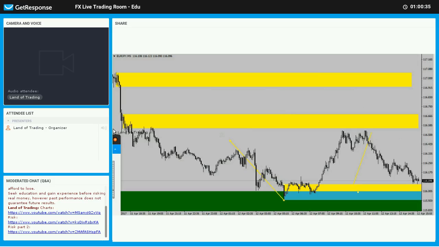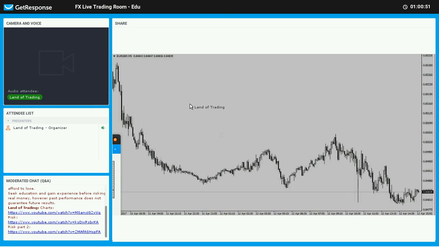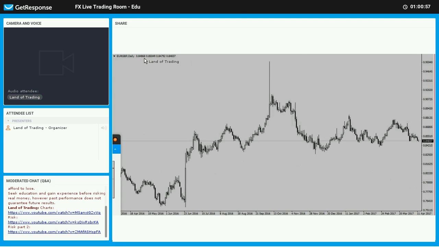All right. Now, last two pairs. So, okay, we know where we are in the eurujpy. So, last two pairs for today: euro pound, and then pound USD, and that's gonna be it.